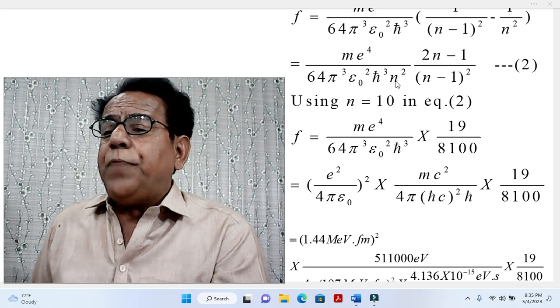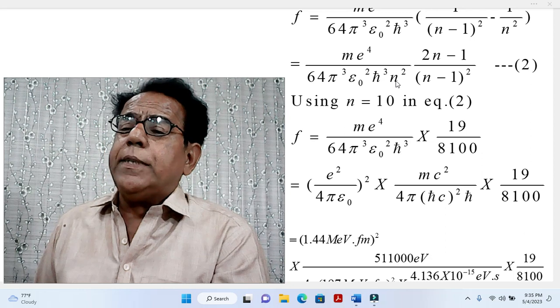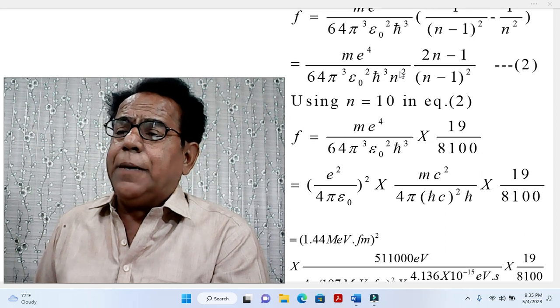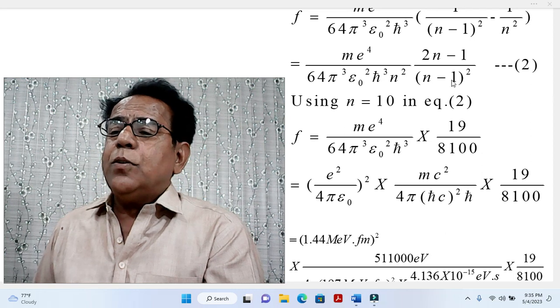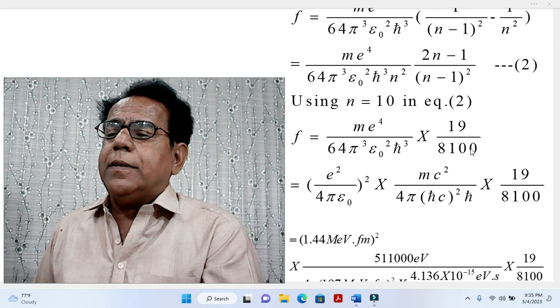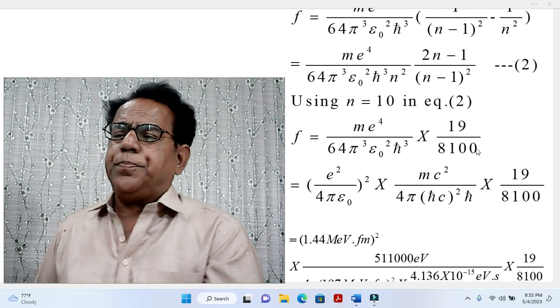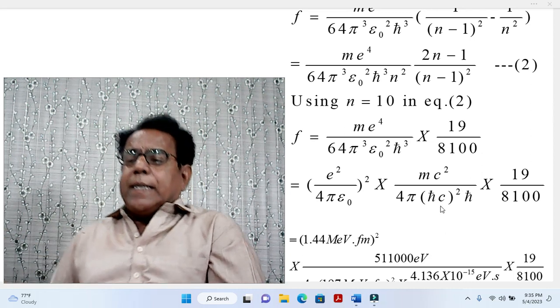In place of n squared we will get 100, because 10 squared is 100 and (10 minus 1) squared is 81. So 81 into 100 will become 8100. Okay, so things have become quite clear, like crystal.